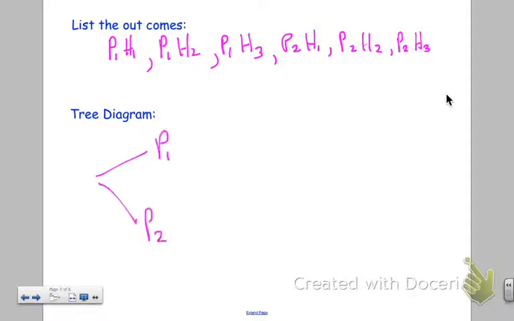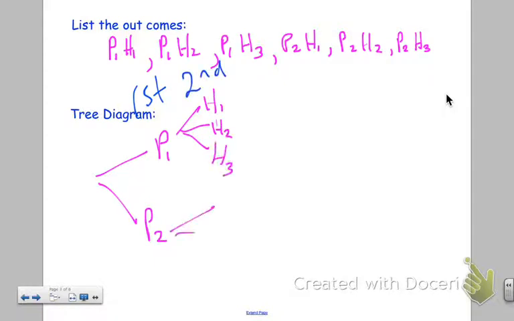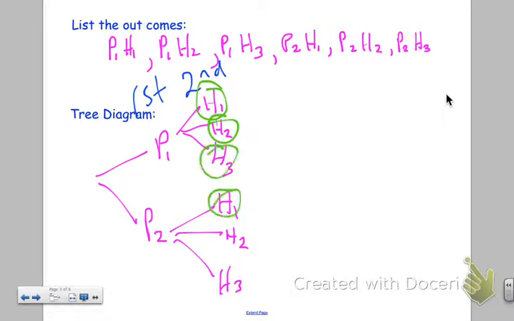So I start with the first action, and there's 2 options for that, and then there are 3 options for the second action. So, the way this works is the number of ends is how many total options there are.